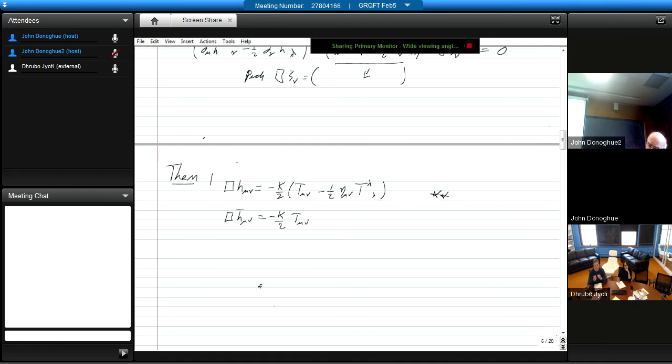Okay, so these are Einstein's equations, and this is morally what we were after all along. We want T mu nu to be the source of the gravitational field. And there it is.